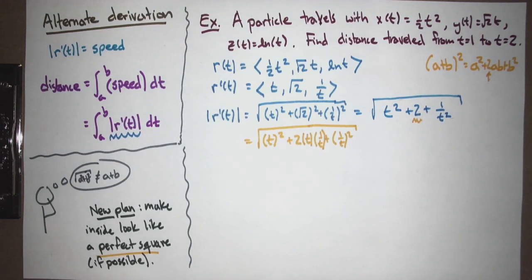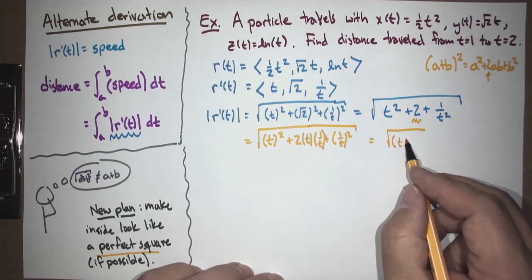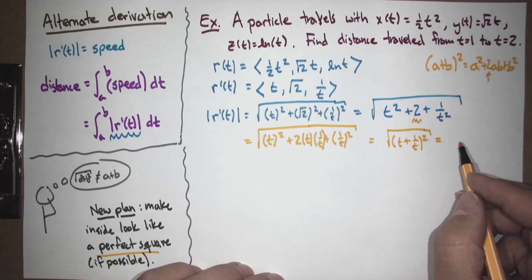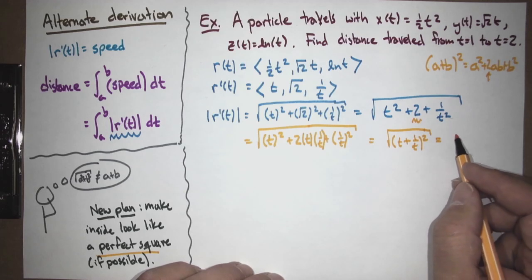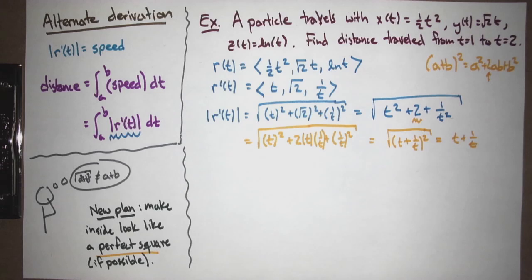Yeah, it's like it was meant to be. Nice. So this becomes the square root of t plus 1 over t quantity squared, which is t plus 1 over t. We got rid of the square root. Woohoo!